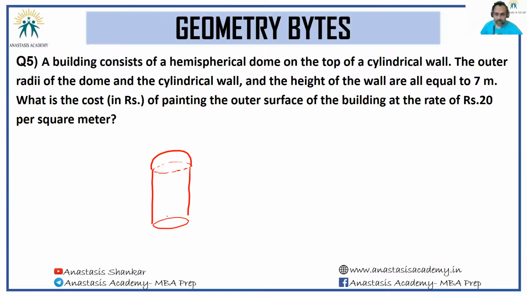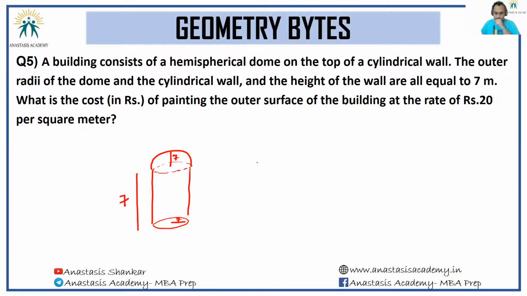The outer radii of the dome and the cylindrical wall are both 7, and the height of the wall is also 7. What is the cost in rupees of painting the outer surface of the building at the rate of 20 rupees per square meter?